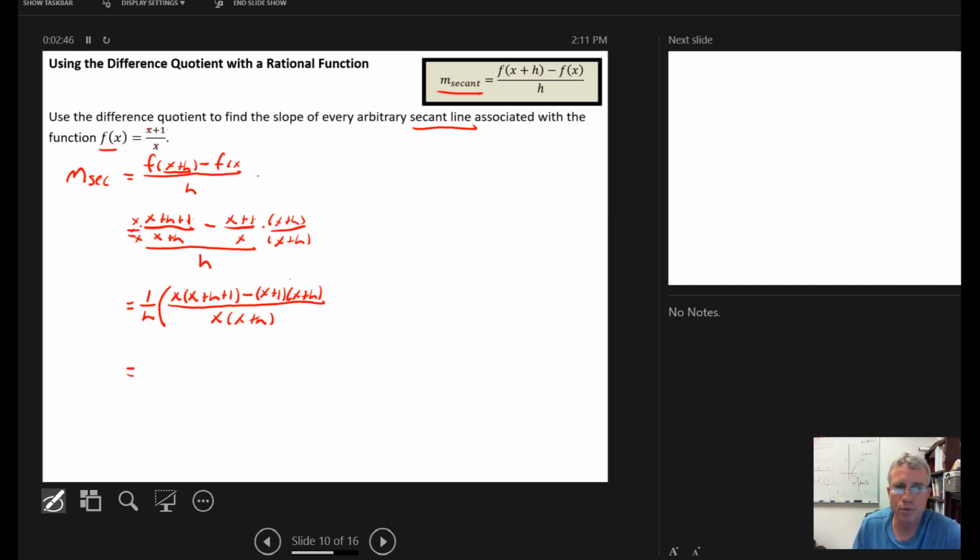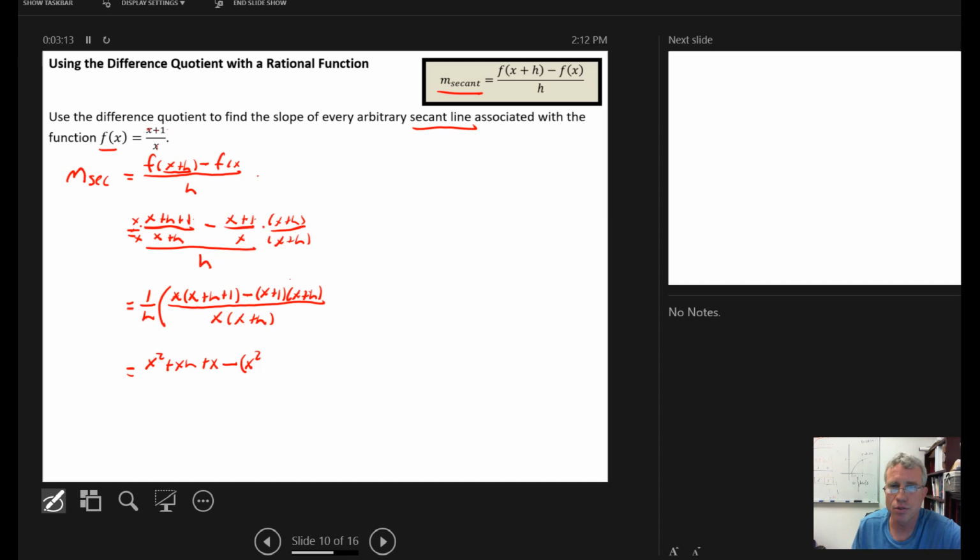So equals. First, I'm going to simplify this numerator, so I'm going to distribute the x into this parentheses. I get x times x, x squared. X times h is plus xh. X times plus 1 is plus 1x. Minus, multiply these two terms out. So parentheses, x times x, x squared.